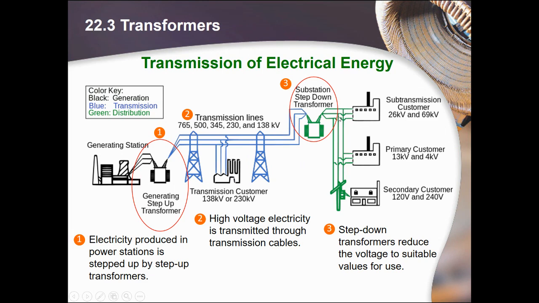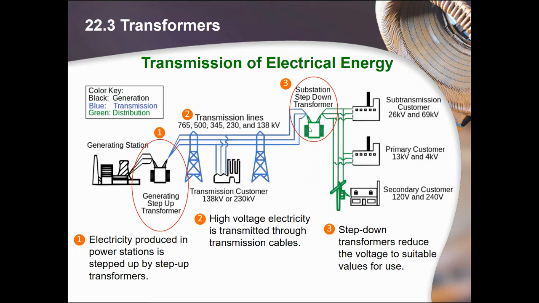Then before I reach my consumers, your houses, your factories, and all those, I need to have a step down transformer. Because the voltage here is very, very high during the transmission, but I cannot feed such a high voltage to my households and my schools and my factories. All these step down transformers you can usually find in your neighborhood.